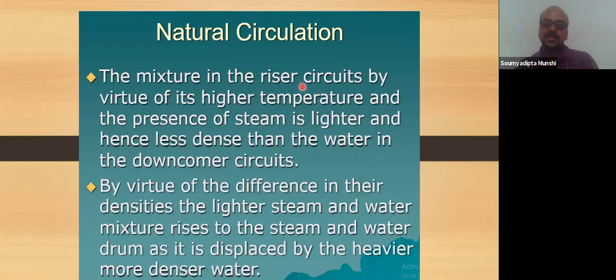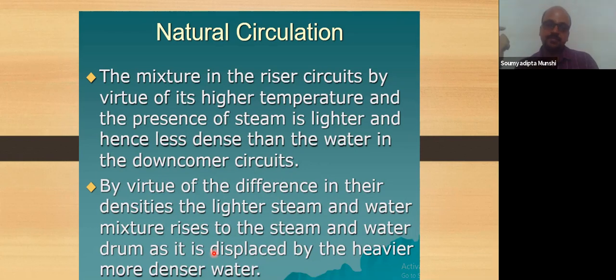The mixture in the riser circuit, by virtue of its higher temperature and the presence of steam, is lighter and hence less dense than the water in the downcomer circuit. I already explained that. By virtue of the difference in their density, the lighter steam and water mixture rises to the steam and water drum as it is displaced by the heavier and denser water.